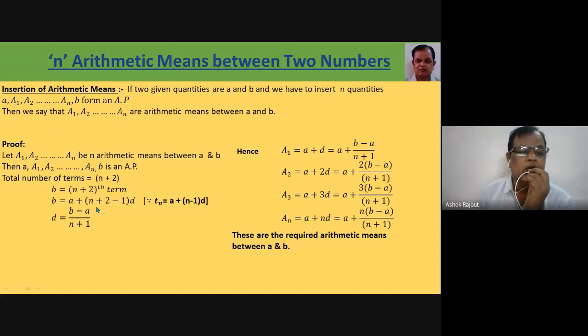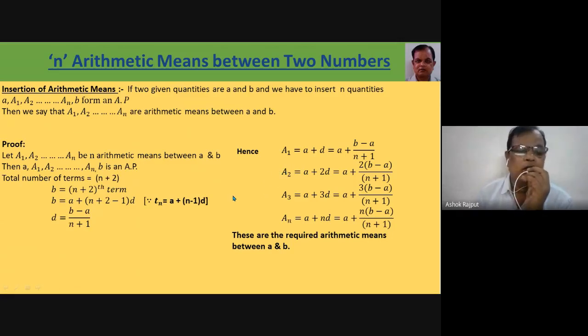So in this way we find the (n plus 2)th term, which is b. So b equals a plus (n plus 2 minus 1) into d. Now we see here the difference is d equals (b minus a) by (n plus 1).